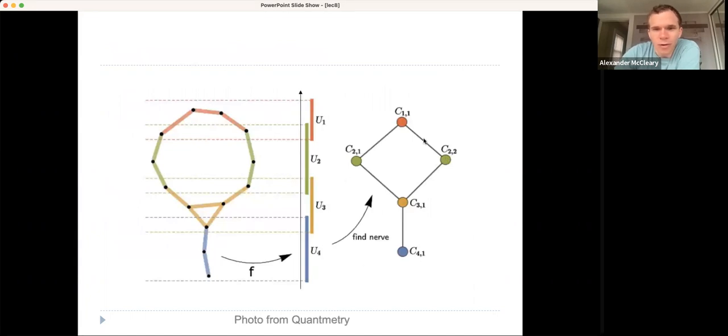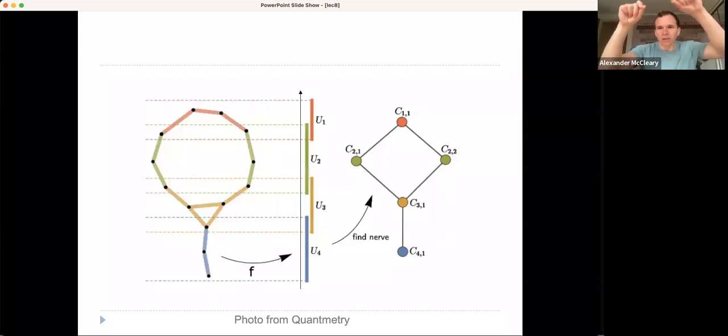So let's look at the top of the graph again. What we did there was we looked at the inverse image of U1, which gave us the 4 points on top of the graph. We clustered that and got just 1 cluster, so we have 1 point at the top of the graph. Now we look at the inverse image of U2.